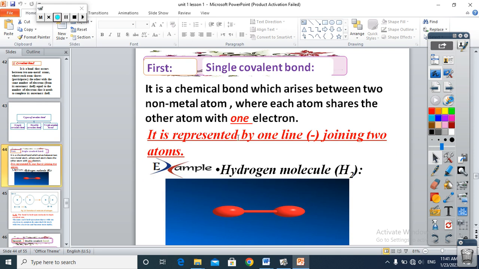Single covalent bond is a chemical bond which arises between two nonmetal atoms, where each atom shares the other atom with one electron. It is represented by one line joining two atoms. Example, hydrogen molecule, H2.